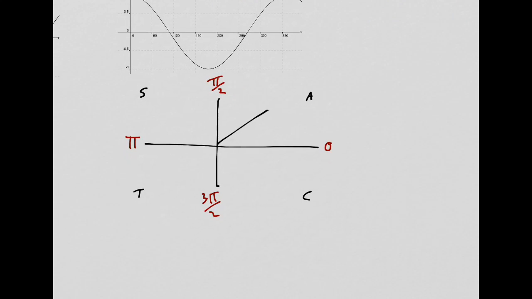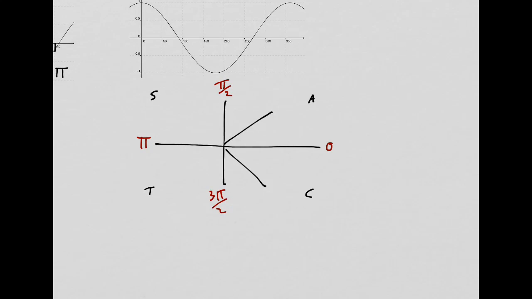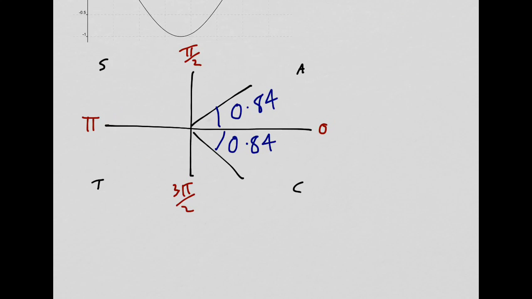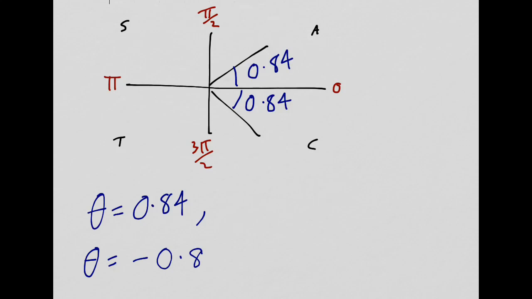We're dealing with cosine, so it's going to be those two quadrants, and we've got 0.84, so let's label that as well. Okay, so looking at our diagram, we're looking between 0 to pi and then 0 to minus pi, so it's going to be this bit here, stop there, this bit here, stop there. It's quite clear that our two solutions are going to be theta equals 0.84 and theta equals minus 0.84.